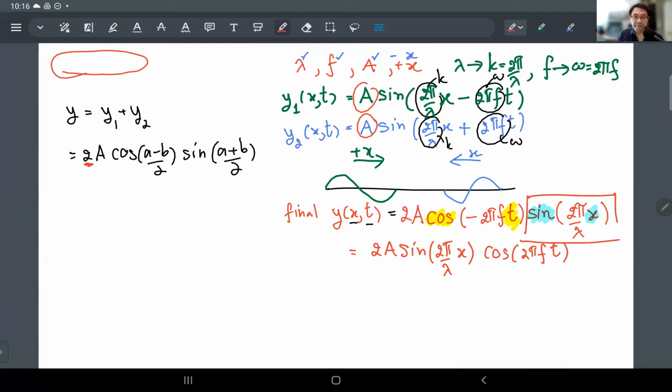There you go. And this is the one that I want. Guys, look at this. This is still the function that is trying to describe the wave, but this is the interference between 2 waves running in opposite directions, right? Yes, very good.